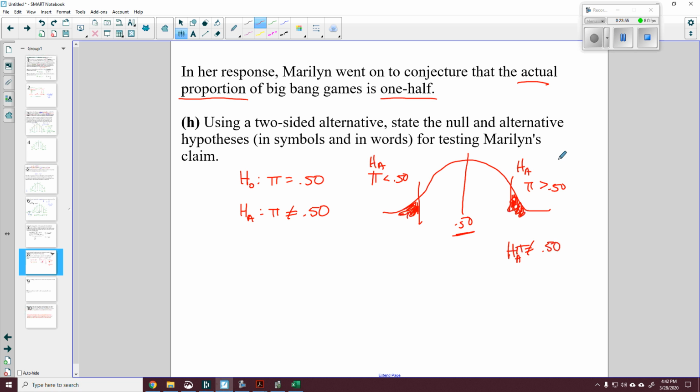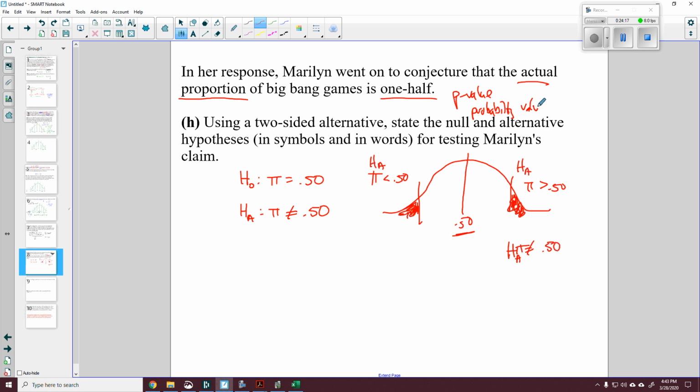And the smaller the p-value, the more likely it is that you are going to reject the null hypothesis. So a small p-value, let's look at the word. P-value, I think of it as probability value.